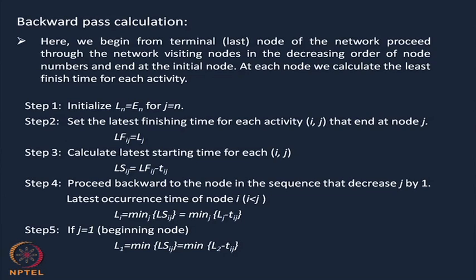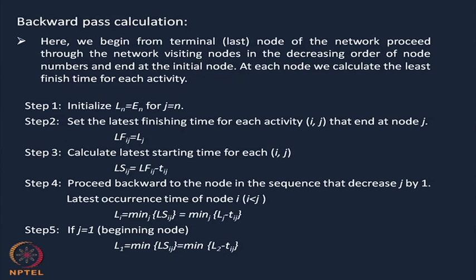And similarly, in step 4, you proceed backward to the node in the sequence, decreasing j by 1, and the formula will be Li equals minimum over j of LSij, and LSij is nothing but Lj minus Tij. So, minimum over j of Lj minus Tij. For the forward pass we were doing the maximum over i of Li plus Tij; here it is the minimum over j of Lj minus Tij.